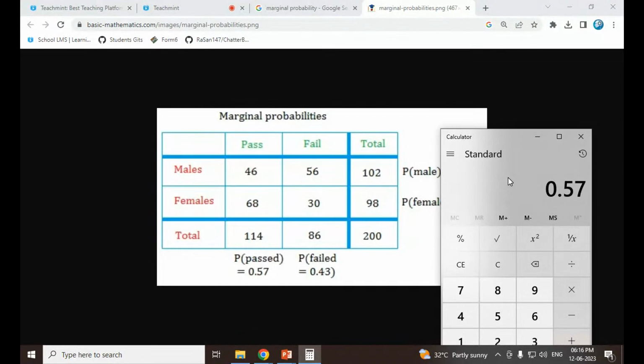So we have 57% passed. We are calculating with the help of the totals, the total possible outcomes and the desired outcomes.